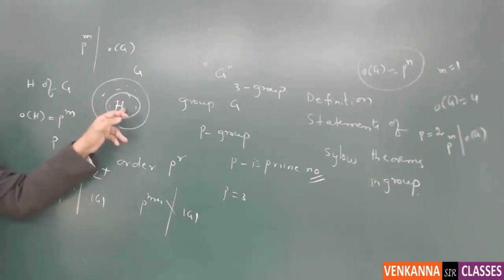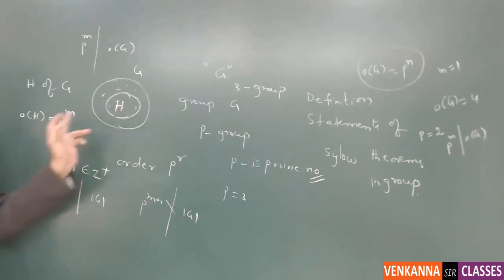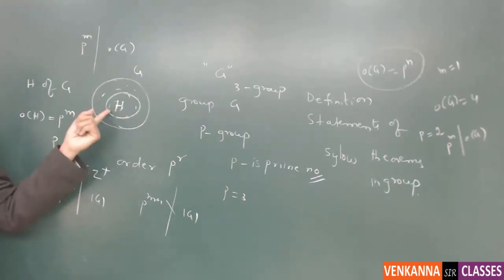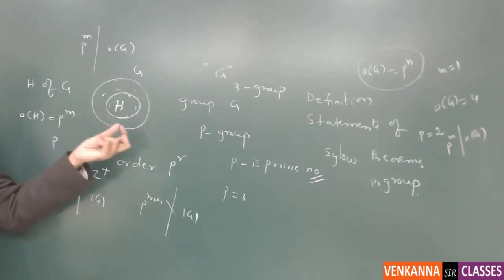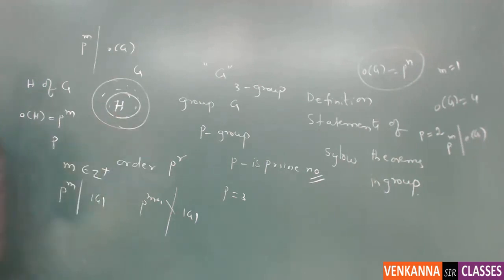We call this subgroup a Sylow P subgroup. That means each and every element in the subgroup has order P power something. So try to understand the values slowly. Clear?